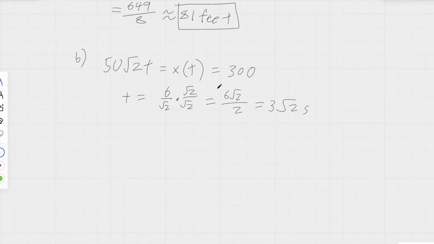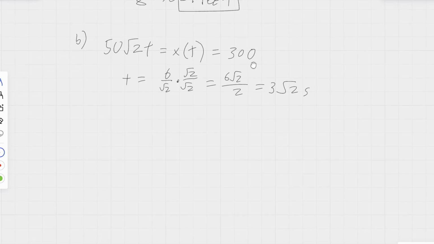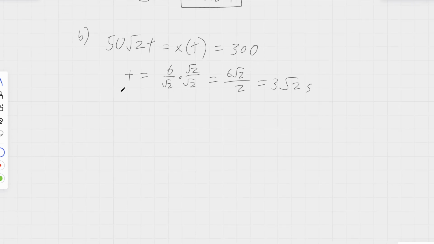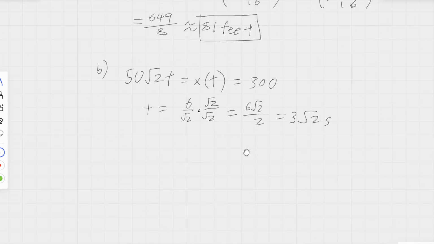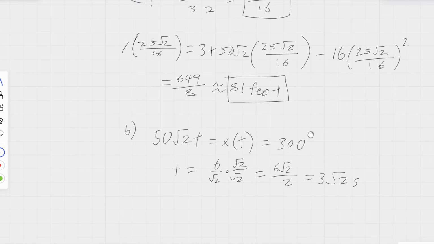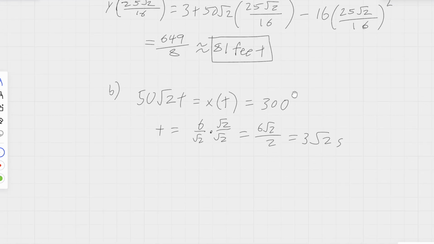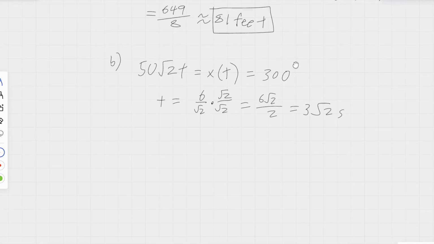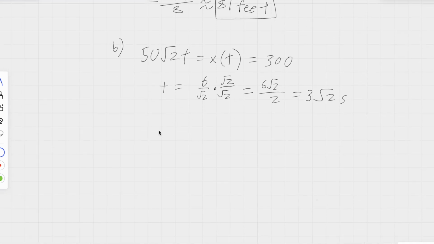So when the ball reaches 300 feet horizontally, we know that 3 root 2 seconds have passed. Now we can plug 3 root 2 seconds into the y component to find the height of the projectile when it is 300 feet out in the horizontal direction.